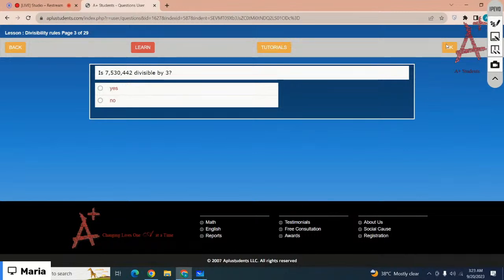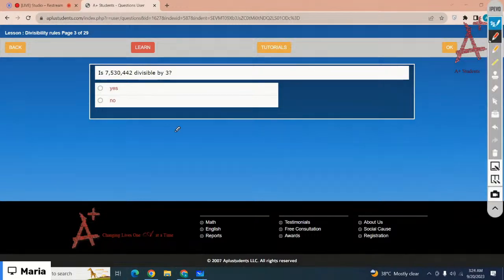Is 7530442 divisible by 3? Which is the correct option? You have to apply the divisibility rule for 3. What is the divisibility rule for 3? The divisibility rule for 3 is you have to add up all the digits and see if the sum of the digits is divisible by 3, right? Let's just add them. 7 plus 5 plus 3 plus 0 plus 4 plus 4 plus 2, right?